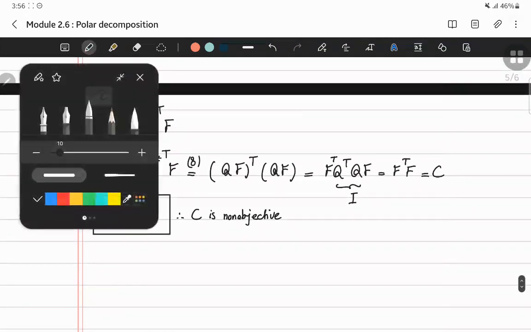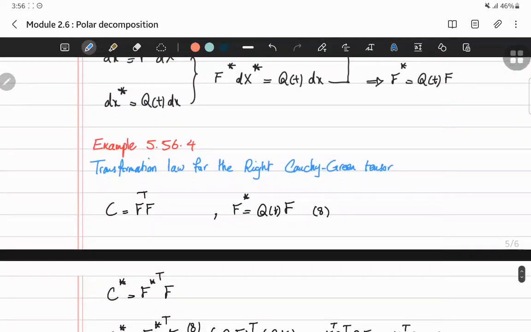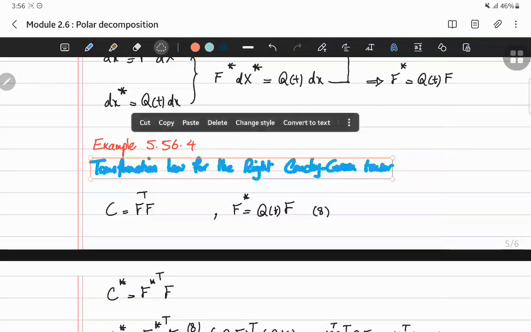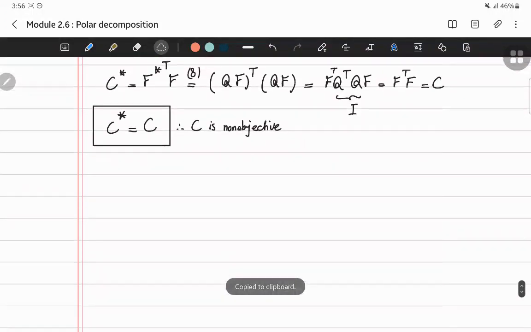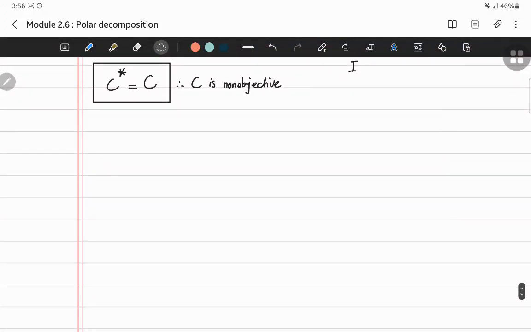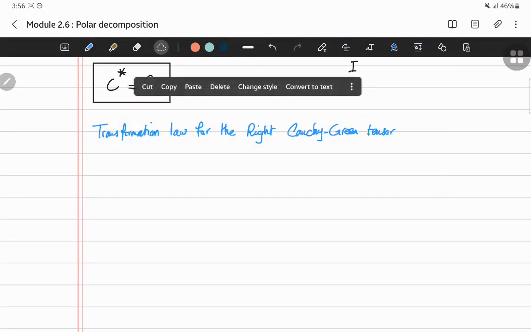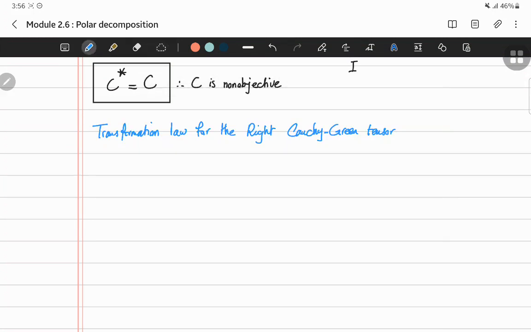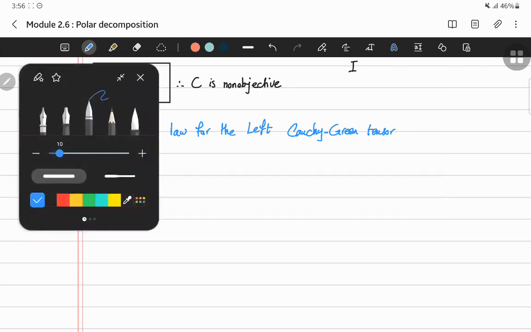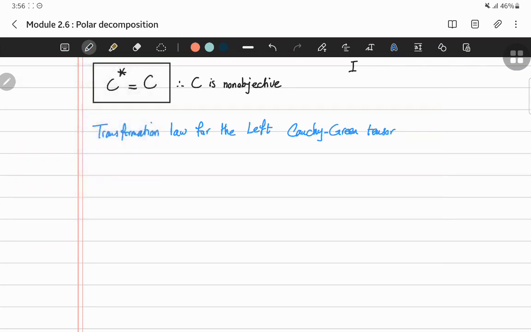So let's do this for the left Cauchy-Green tensor. Here we have B is equal to F F transpose, if you recall.